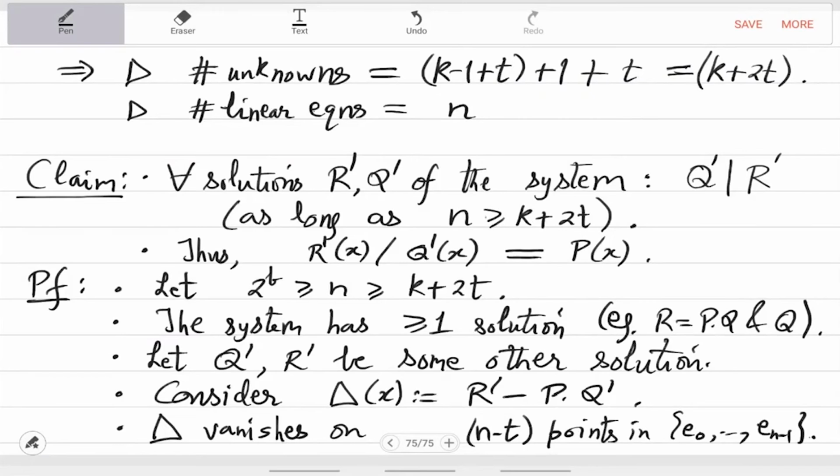What do you know about the degree of delta? So the degree of P is k minus 1 and Q prime is? Right, and the degree of R prime is the same. So the degree of delta cannot exceed k minus 1 plus t. And what have we assumed about k minus 1 plus t? Right, it is at most n minus t minus 1.